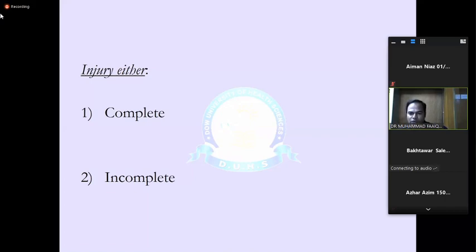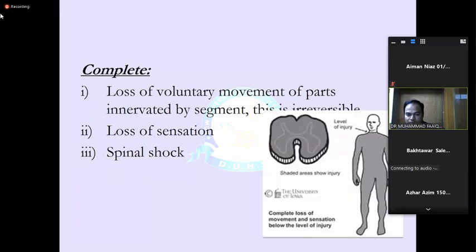If any of these modalities are intact, it is referred to as incomplete cord injury. In complete injury, nothing is intact; but in incomplete injury, if any one or two modalities are intact, it is called incomplete cord injury.